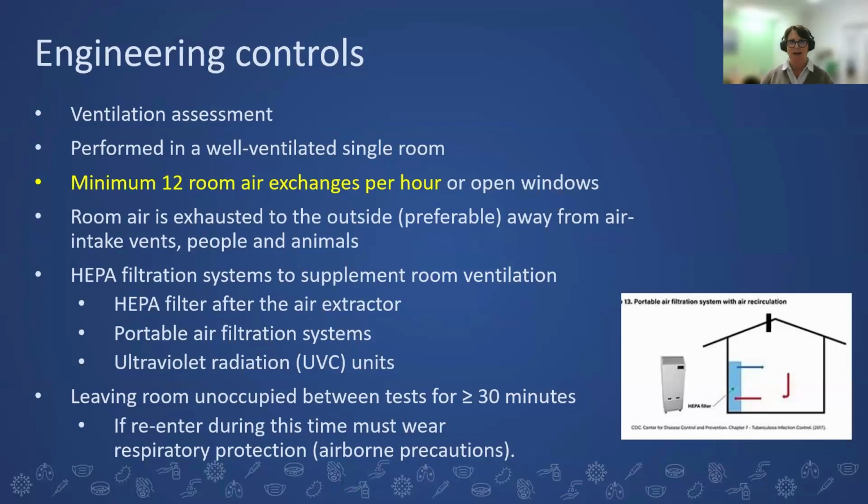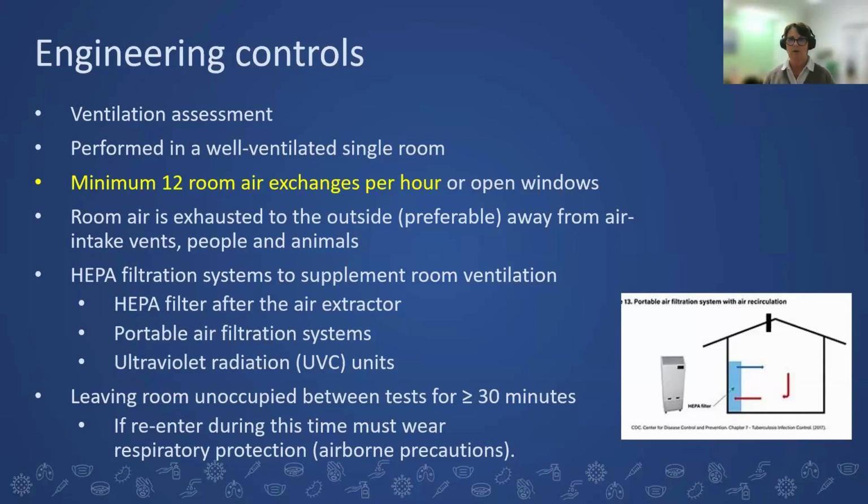And engineering control. So that we talked about a ventilation assessment is a really good place to start if you haven't already done, making sure that we're performing these AGPs in a well-ventilated single room, achieving the minimum 12 room air exchanges per hour. If we can't do that, then if you've got windows, open up the windows. You may well have to augment your ventilation system by using an air scrubber if the risk assessment indicated.